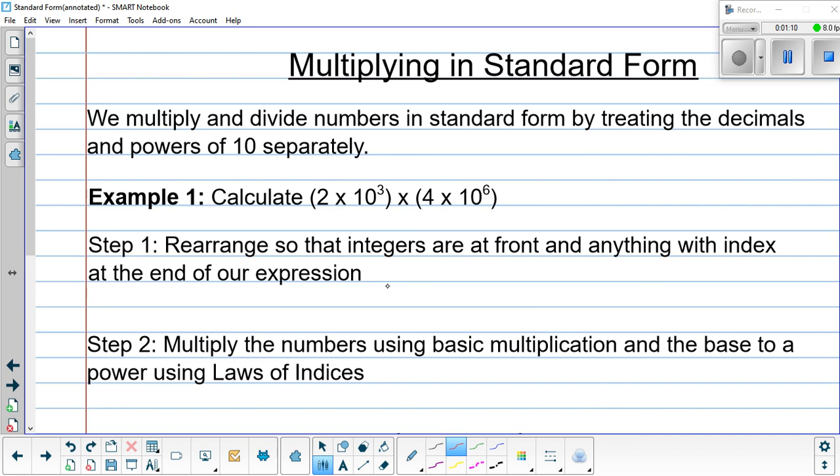What this step 1 means is that we're going to rewrite this as 2 times by 4, that 4 and that 2, then times that by 10 to the 3 times by 10 to the 6.